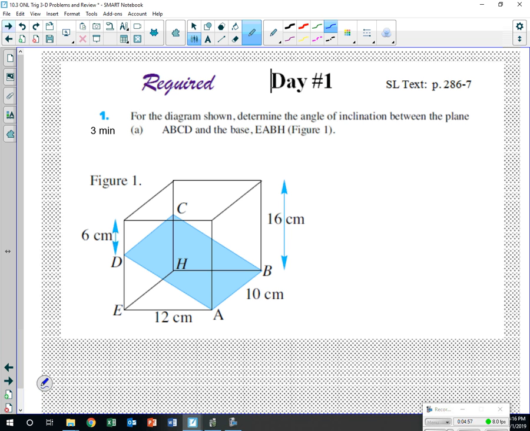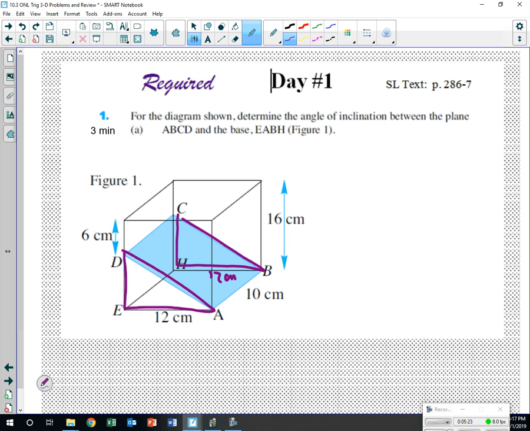So just to give you a hint on some of these before I assign them, here's cubes, and they have them tilted, little planes tilted inside. So when you do problems like this, try to reduce them to simple triangles. Like this one, because it's tilted the same way, you can think of both of these triangles as the same, because they both have 12 centimeters.